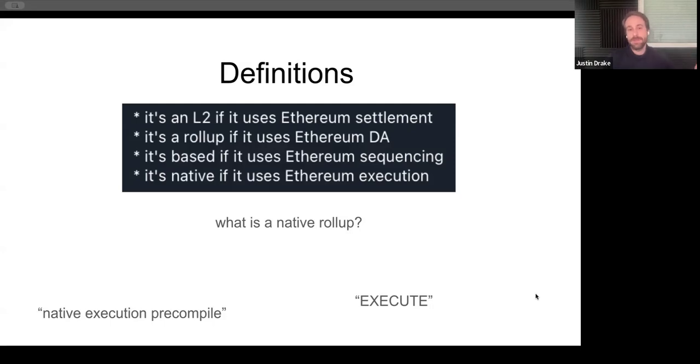They get filtered out and executed in some different virtual machine. But so long as the default path for user transactions is to go through this precompile, I think that's sufficient for a rollup to be called native.